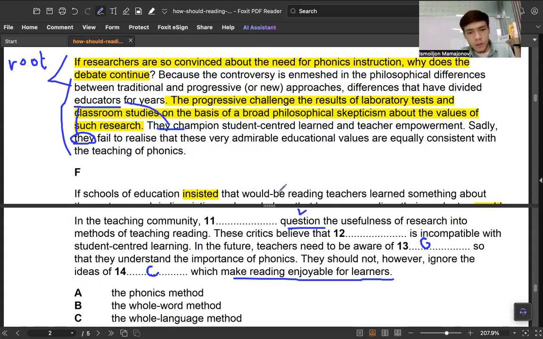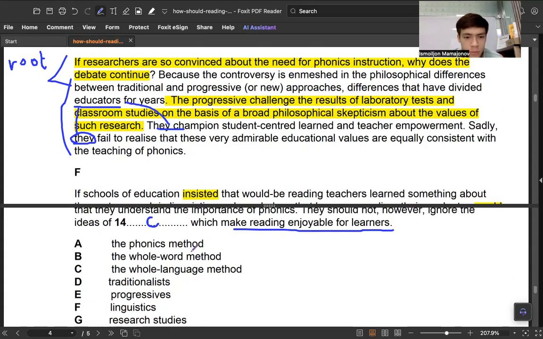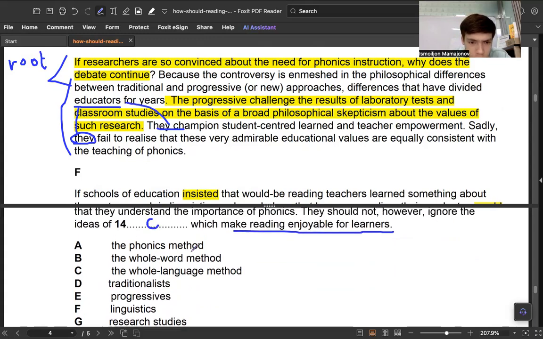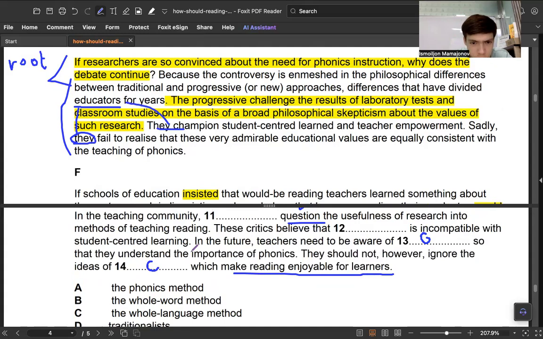Okay, educators means teachers. Linguists would be a good answer. Research studies, no. Progressives, whole language, traditionalists. Traditionalists are also a good answer. Between traditional and progressive, okay. Traditionalists and progressives, either should be the answer.